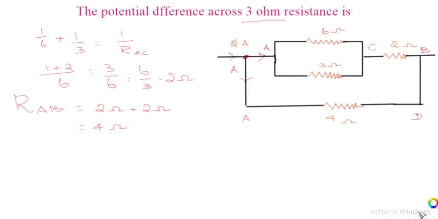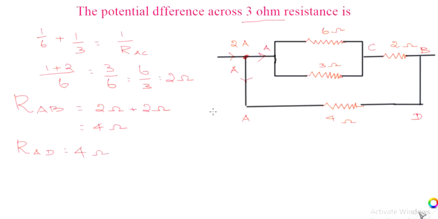Now, in this upper arm it is AB. Now, the resistance in the lower arm AD is equal to, only one resistance is there, therefore it is 4 ohm.